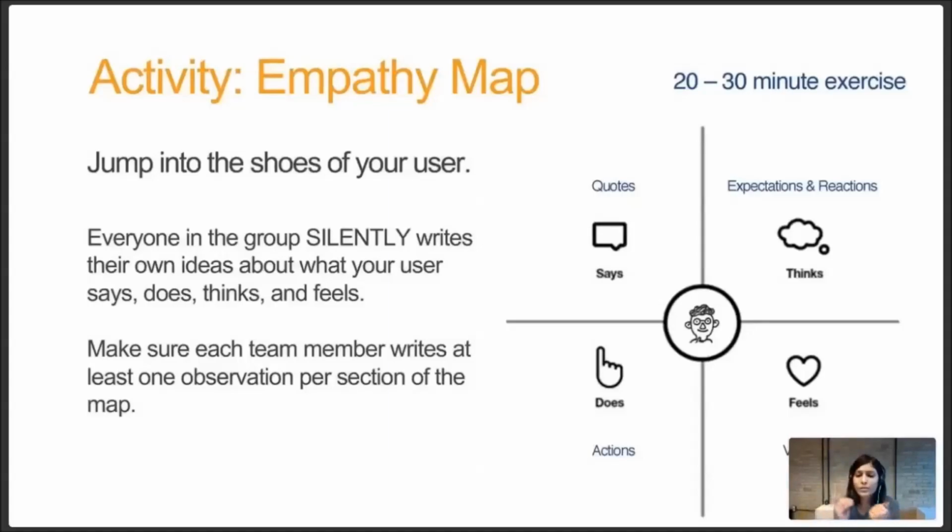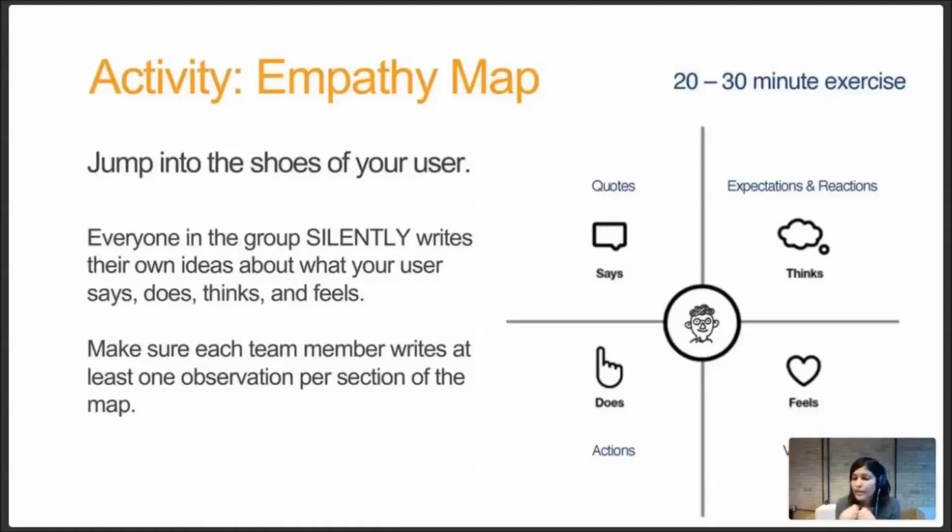And so it's always better to have multiple people who are in those situations or who are facing those problems and speak to them. And you never know what you might find out, because you might find out things that you have never thought about before. So this particular activity can go on for about 20 to 30 minutes.